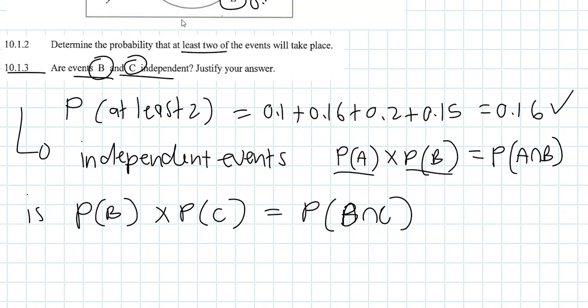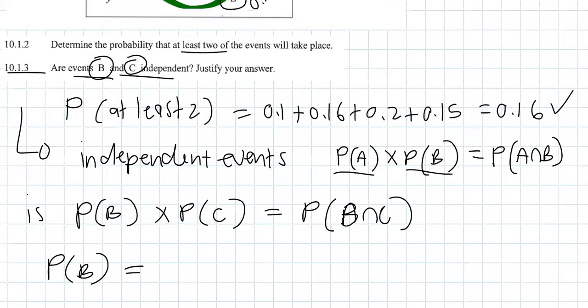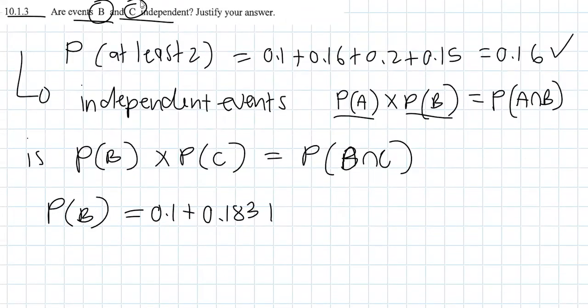Well, the probability of B, we can add up. So look at the probability of B, everything inside the green circle, so it'll be 0.1 plus 0.183 plus 0.2 plus 0.16 is the probability of B. So the probability of B happening is 0.643.